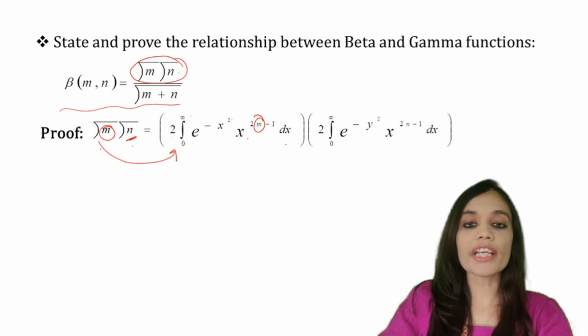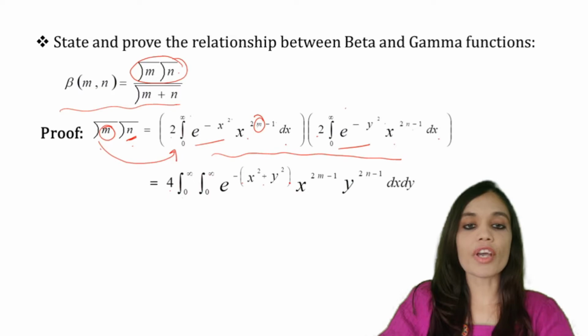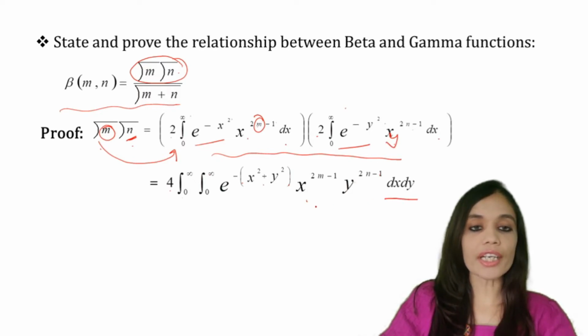And now we have to write the formula of gamma n, that will be equal to 2 times integration 0 to infinity e raised to minus y square y raised to 2n minus 1 dy, right? Now we will simplify this. So what we will get? 4 times double integration from 0 to infinity e raised to minus x square plus y square x raised to 2m minus 1 y raised to 2n minus 1 dx dy, right?